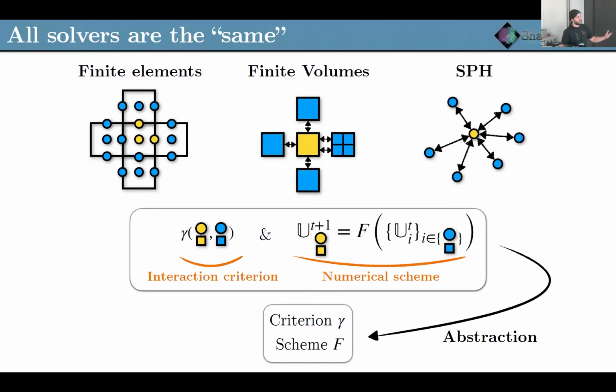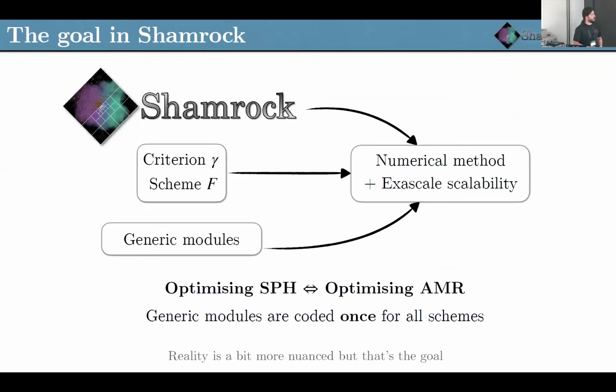As such, if you can manage to abstract away those two elements in a given framework, you can code, in principle, any given scheme. That's what we are trying to do in Shamrock: having a framework where ideally we can specify just a criterion and such a scheme to get a numerical method with exascale scalability.